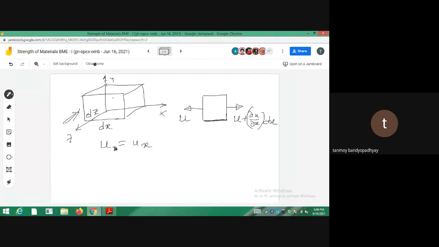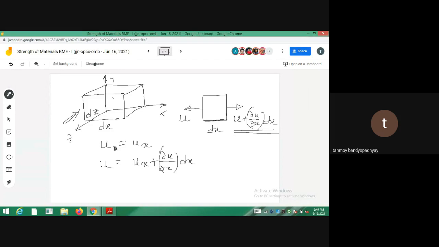On the other side, the displacement should be ux plus a certain addition. I can make a Taylor series expansion of this, considering only the linear part. You have learned about Taylor series. So I get del u by del x into dx, considering a length dx of the element.